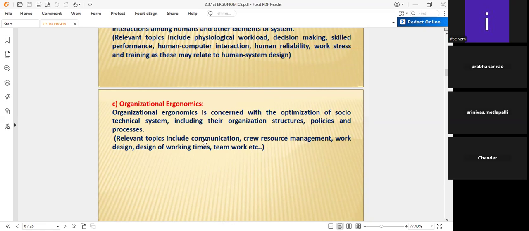C shift will not be carrying in manual handling. Normally, 99.99% of organizations carry only A and B shifts. That is called organizational ergonomics. We have to see that the schedule is there and teamwork is there, and as per the plan, A, B, C or A, B should meet their productivity. That is called organizational ergonomics.